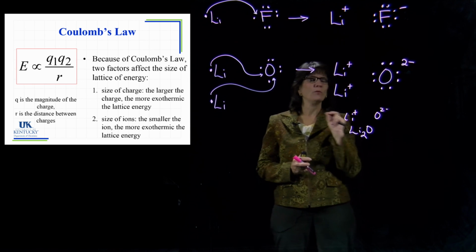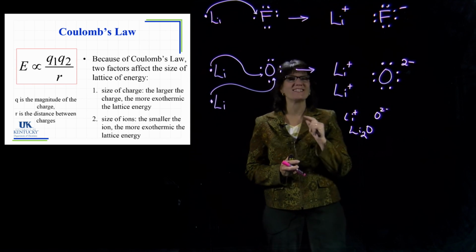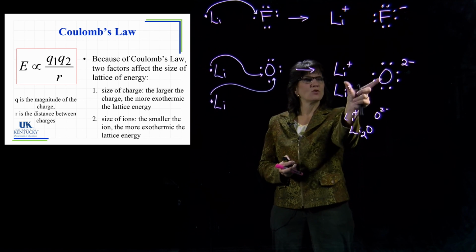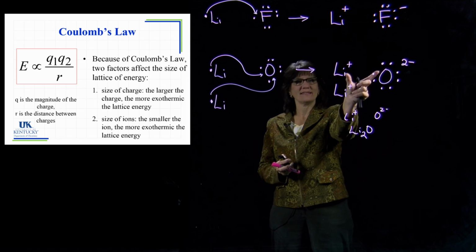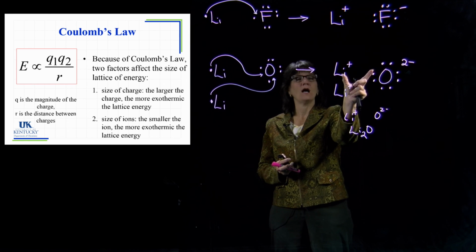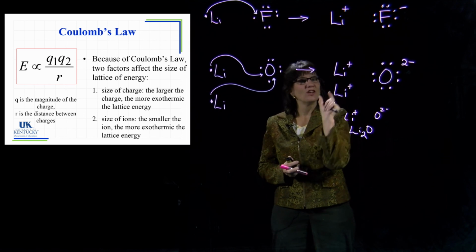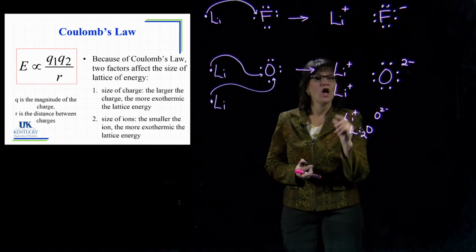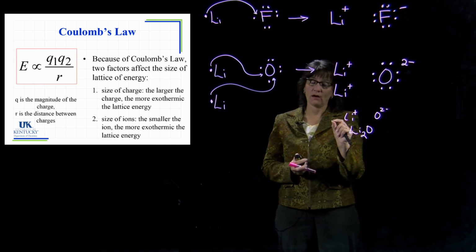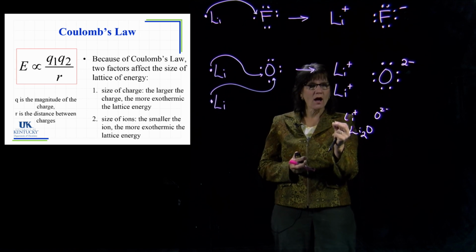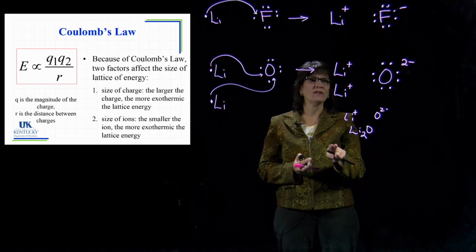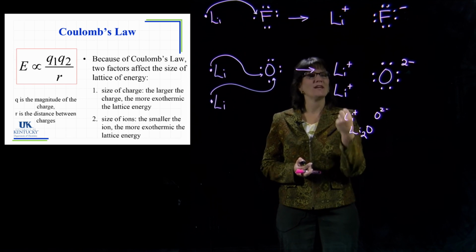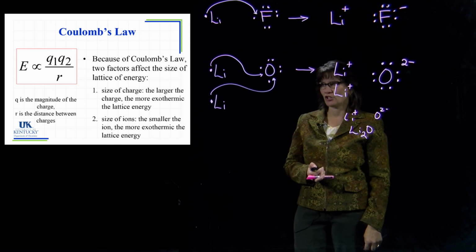The second thing we look at is the size of the ions, because the size of the ions is going to determine how closely these guys get together. And that is the R part. The R part sits in the denominator. The smaller those ions are, you're putting a smaller number in the denominator. If you're putting a smaller number in the denominator, you're going to have a greater lattice energy.